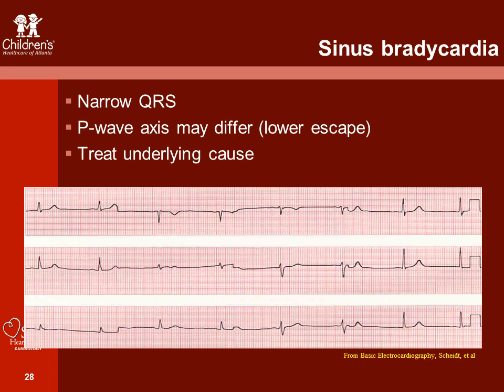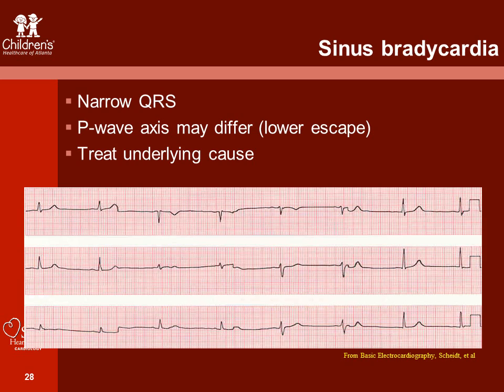If you refer back to one of my earlier slides, I demonstrated a cartoon of the heart with different action potential morphologies. Each of those areas of the heart can generate their own impulse. But those impulses are often generated at a much slower rate than our sinoatrial node.